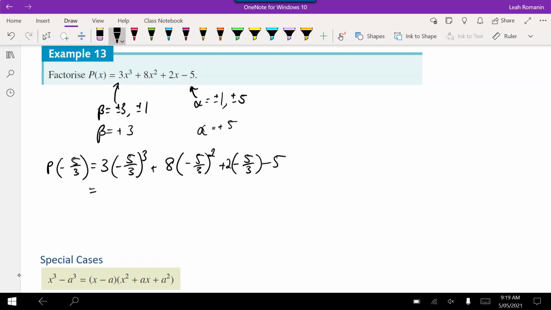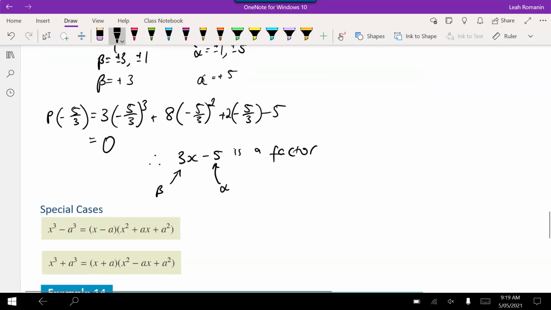Once I've typed that all into my calculator or done it by hand, I'm going to get 0. So that tells me that 3x minus 5 is a factor. Because remembering your beta goes out the front here for your linear factor and your alpha is that constant on the side. And if alpha was a negative, that would be plus your number.